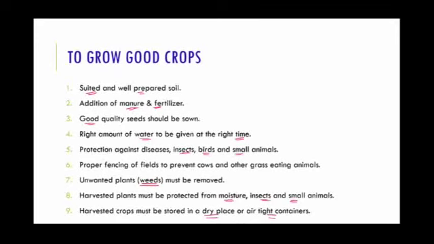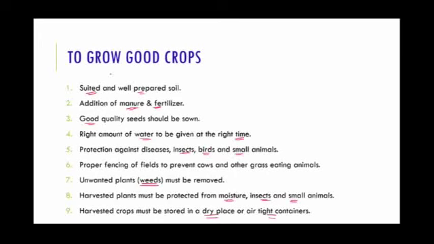This prevents them from getting spoiled due to moisture or from rodents or birds as well. So these are the 9 points which are very important to grow good, healthy crops. If we follow these points, we can get healthy crops. So children, keep it in mind.